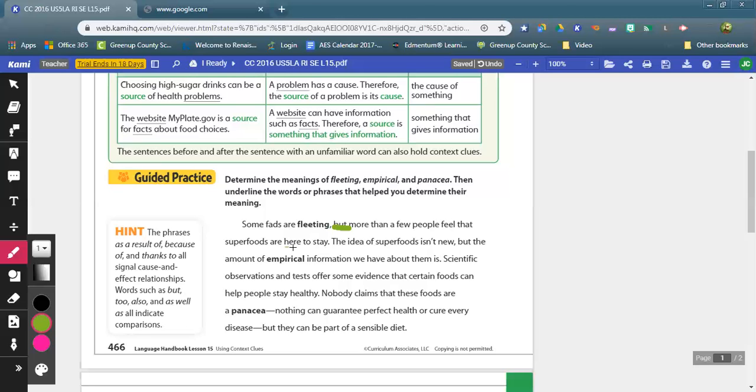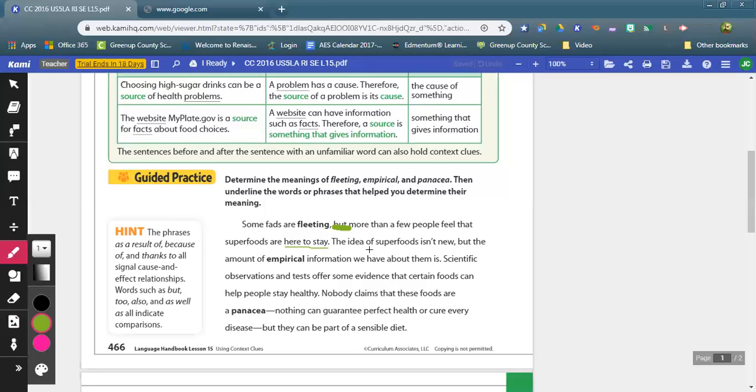So here to stay is another clue word. Now, fleeting does not mean here to stay because you have this clue word here, but, which contradicts it. So fleeting is not here to stay, okay? They are going, gone.